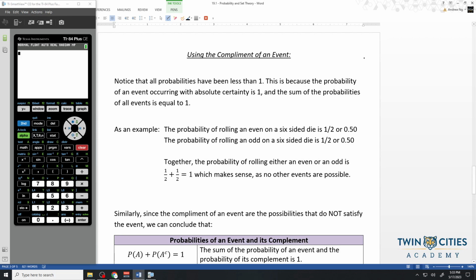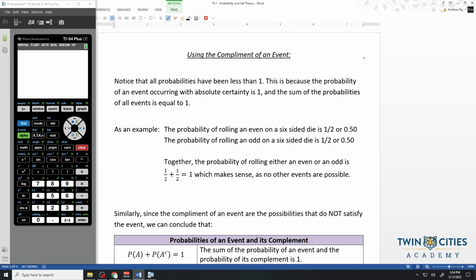Getting a 1, a 2, a 3, a 4, a 5, or a 6. Well, the probability of getting a 1 is 1 out of 6. The probability of getting a 2 is 1 out of 6. Probability of getting a 3 is 1 out of 6, and so forth. So there are 6 of them that are all 1 out of 6. They all add up to 1.